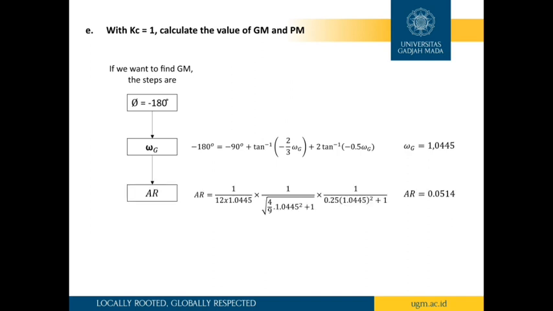After that, we get the value of the amplitude ratio, where we use the omega G in the AR equation, which gives AR equal to 0.05. And last, we get the value of Gm, where the equation for Gm is equal to 1 over AR. The value of Gm is equal to 19.45.